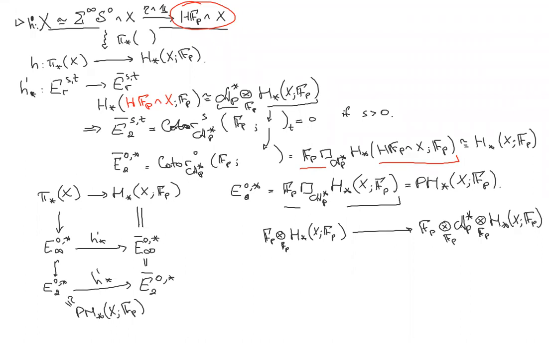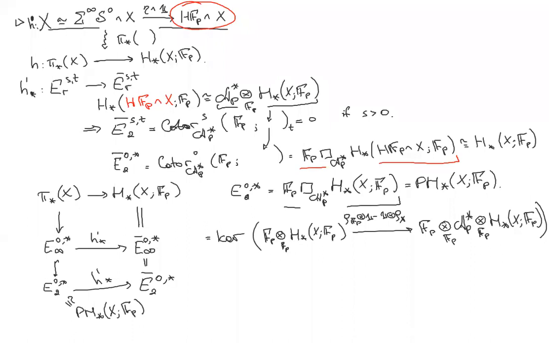So this is rho P times 1 minus 1 times rho X, where rho is the coaction map. And cotensor product by definition is just the kernel of this map.